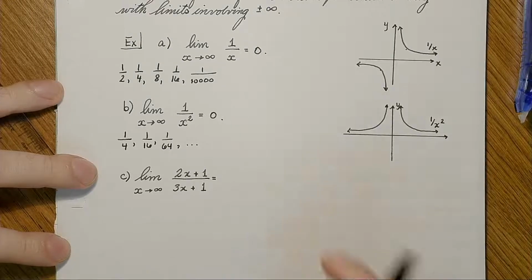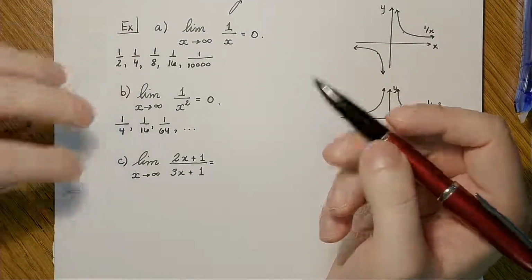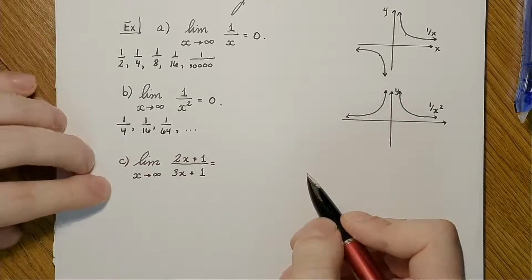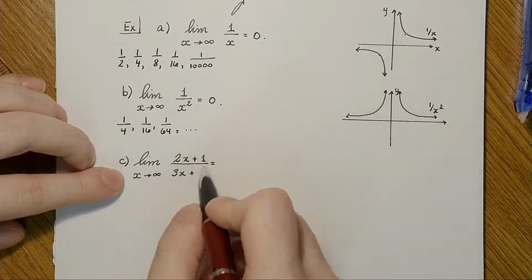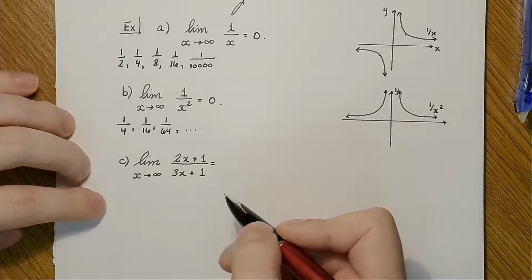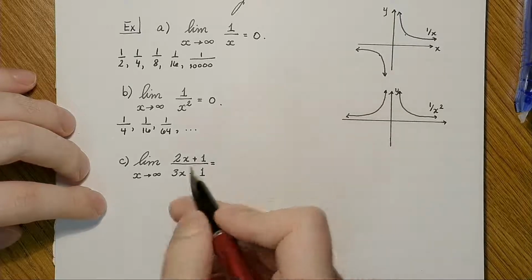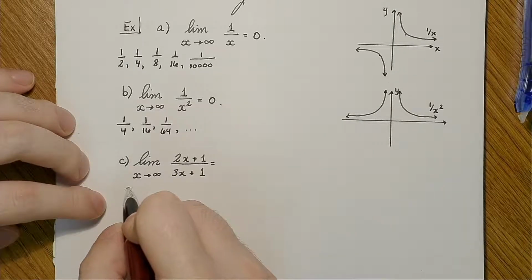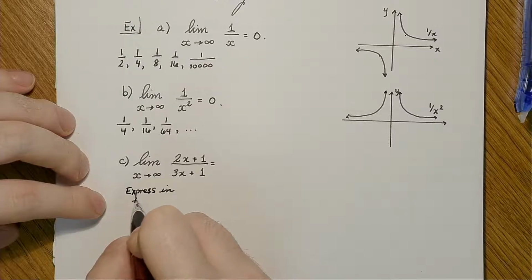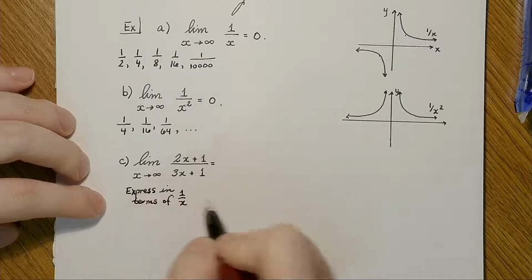So I have these two pieces of intuitive knowledge. Now how do I handle something like this, where I have (2x plus 1) over (3x plus 1)? Their idea is to express it in terms of 1 over x.